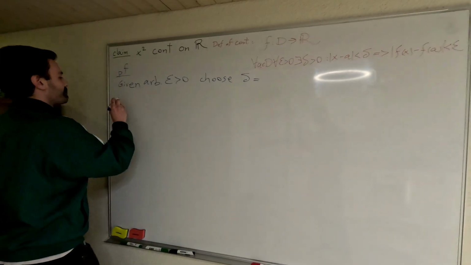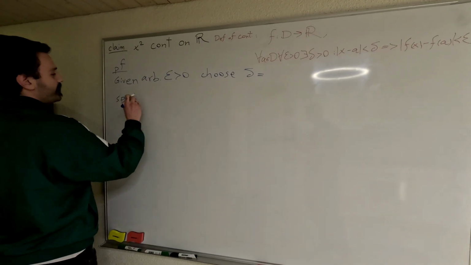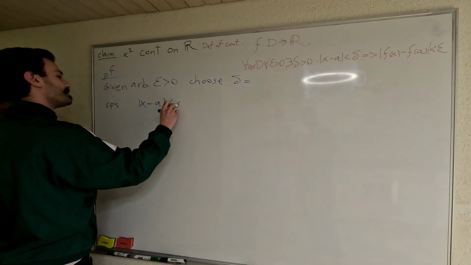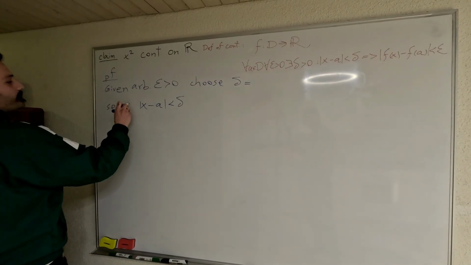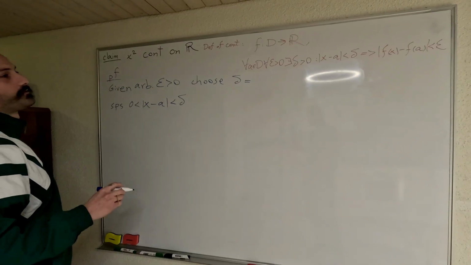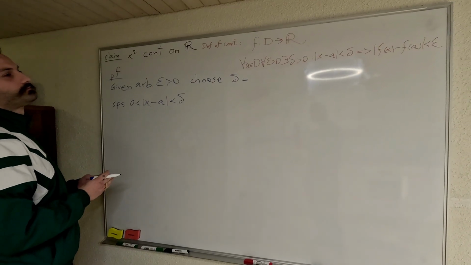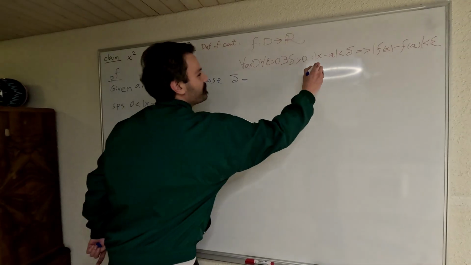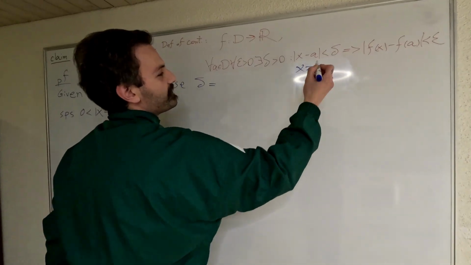Further with the definition, and that is, suppose we have the absolute value of x minus a is less than delta, but also greater than 0. We have to ensure that it cannot be 0, because we don't want x equal a.